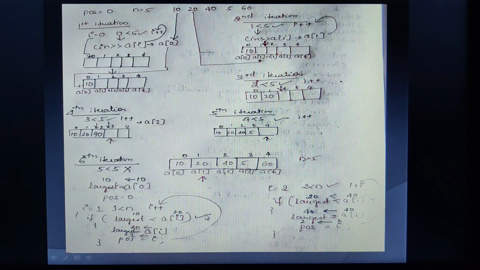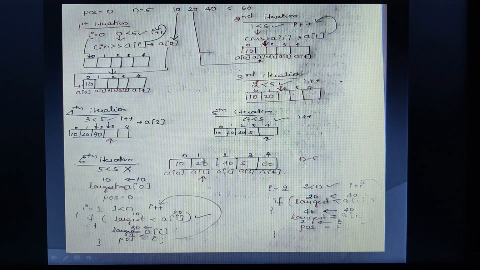Since the condition is true, what happens? I have to assume 20 to be the largest. I need to make that 20 the largest. So I am moving the value in A of I into the variable known as largest. This largest will erase its previous contents 10 and hold the new value, that is 20.